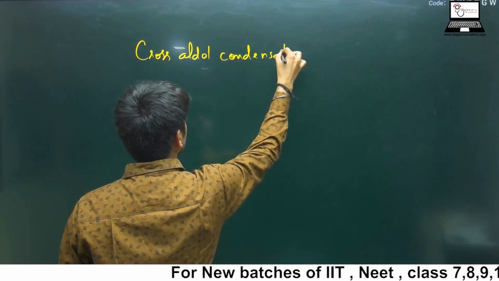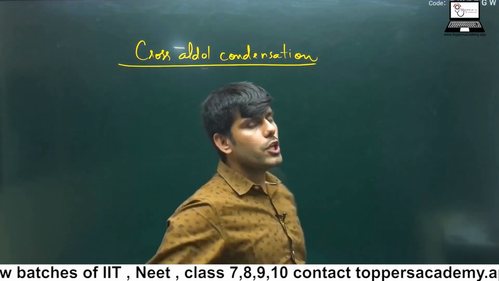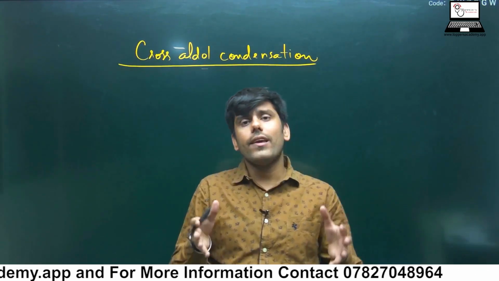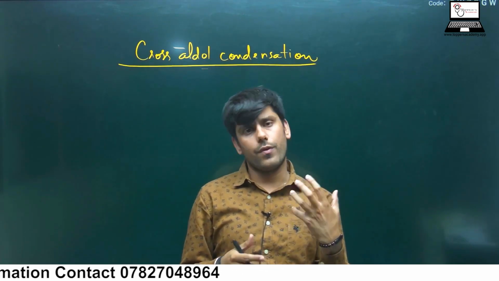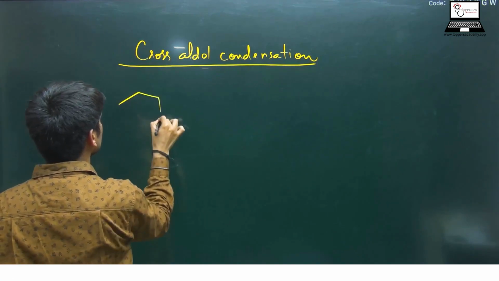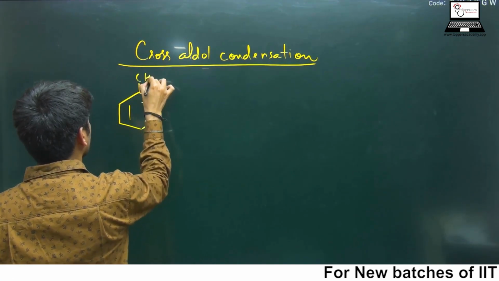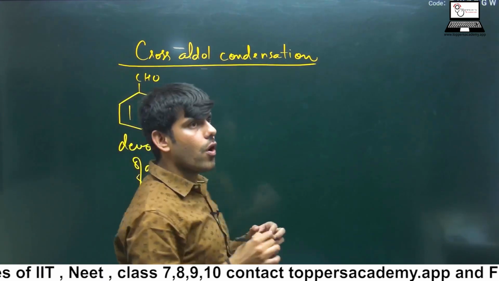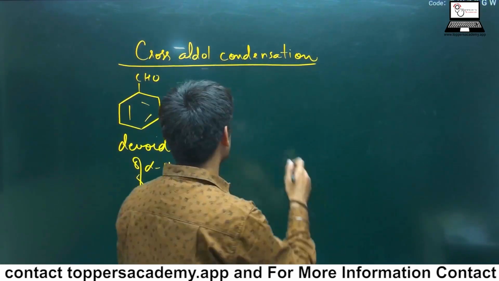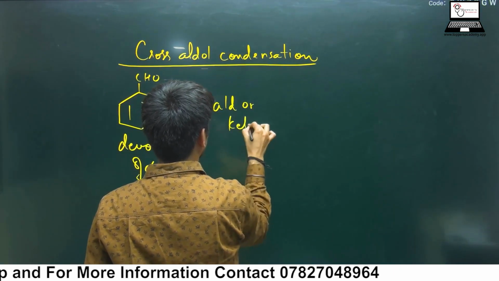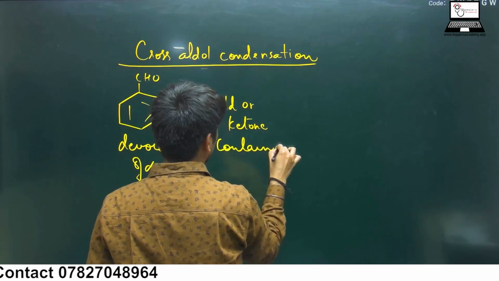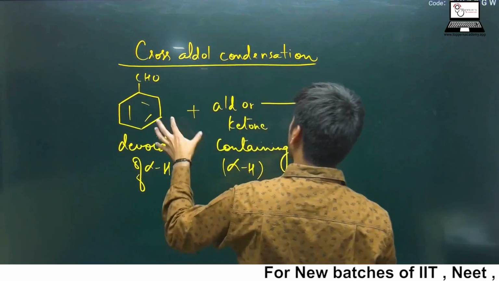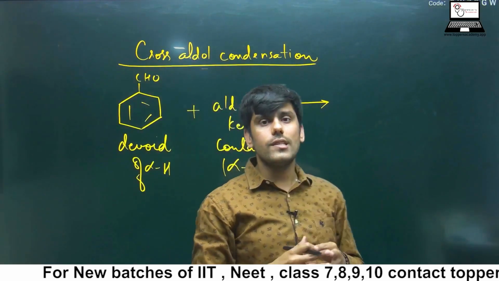I take one molecule of aldehyde, which is not having alpha H, for example I can choose benzaldehyde, which is devoid of alpha H, and another molecule of aldehyde or ketone which is containing alpha H. In this case, I won't have the mixture of products, and this is what I call cross aldol condensation.